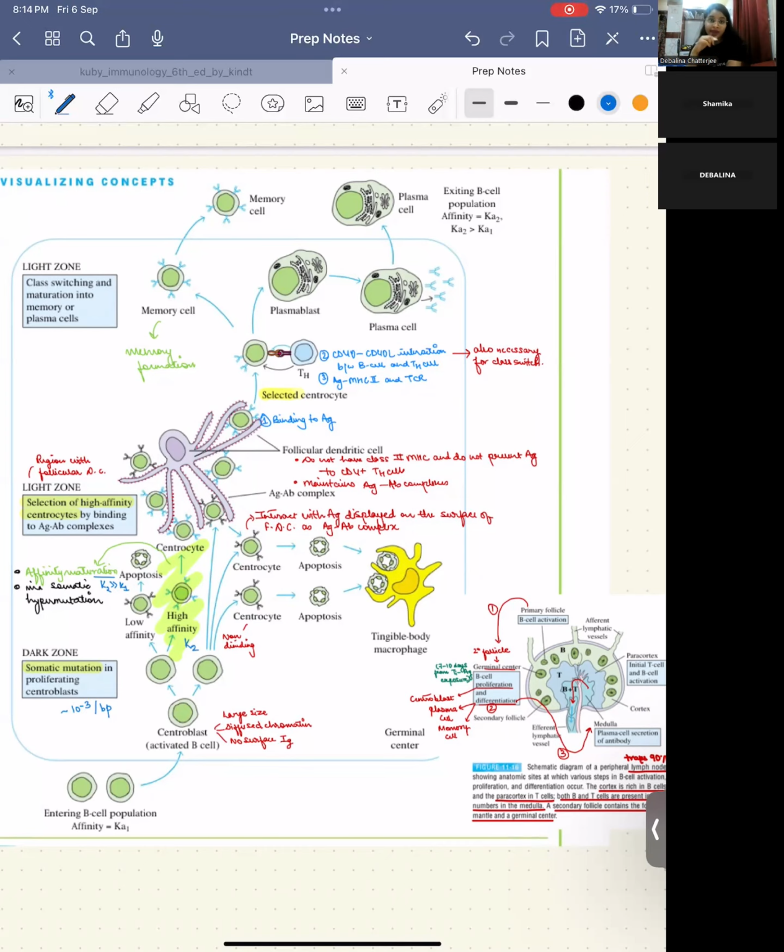But then we have selection in place, which will only select for the higher affinity and the safe antibody molecules which are present on the cells. So non-self reactive and can bind to the antigen with higher affinity. If either of this is not the case, the cell can be taken for cell death.